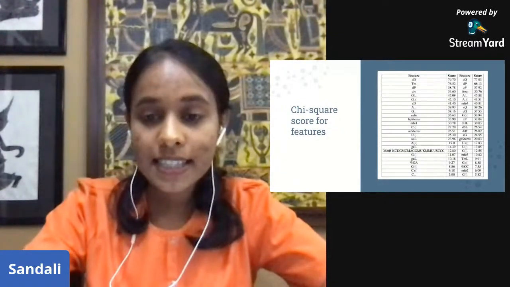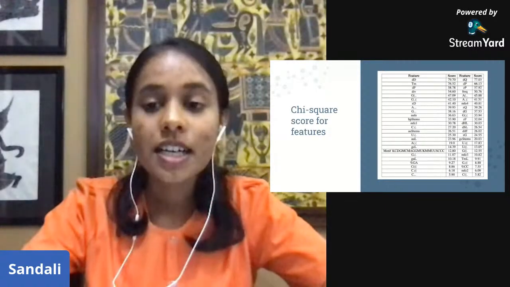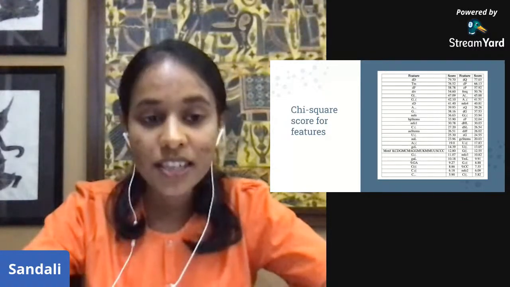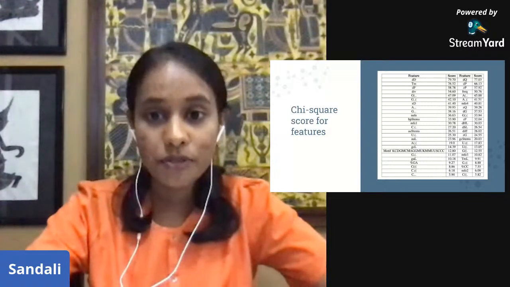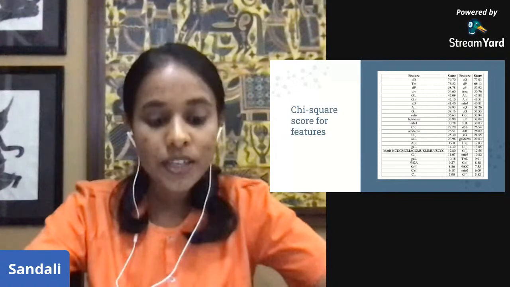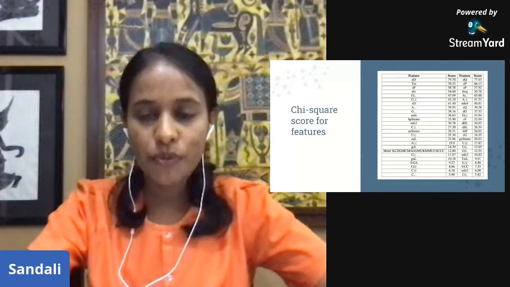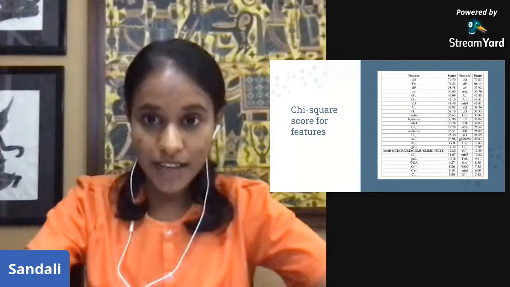The previous values can be further described by these chi-square scores. We calculated the chi-square values of the features and ranked them according to the score. The chi-square statistic is commonly used for testing relationships between categorical variables.